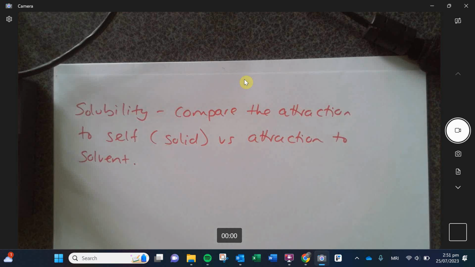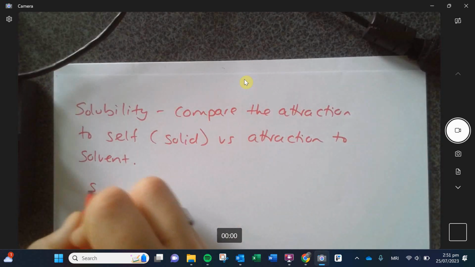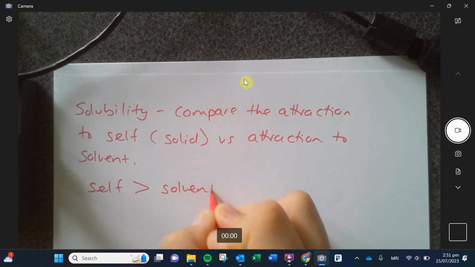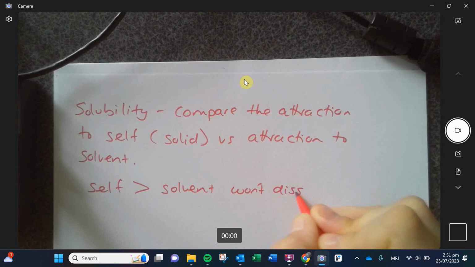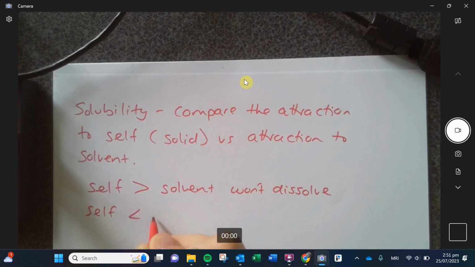Attraction to itself versus the solvent. If the self-attraction is greater than the solvent, then it won't dissolve. And if the attraction to the solvent is greater, then it will dissolve.